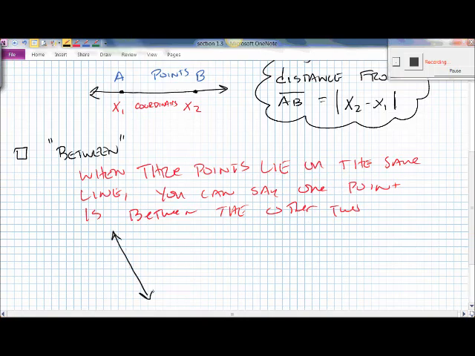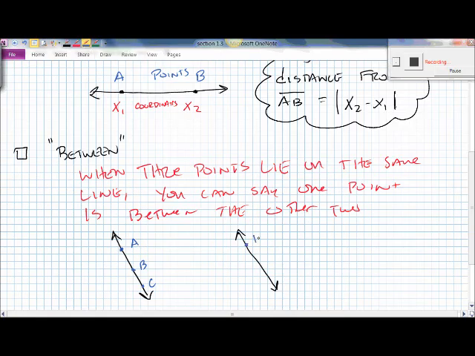Here's a line, right? And I know it's a line because it extends off in both directions. And I'll put a couple points there. A is on the line, B is on the line, and C is on the line. I want to compare this picture to this picture over here. I have a line, and I'll put two points on it.